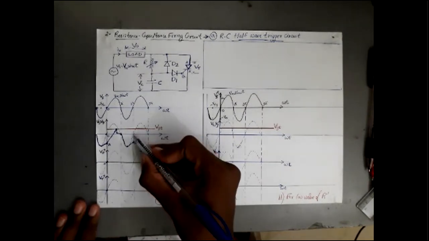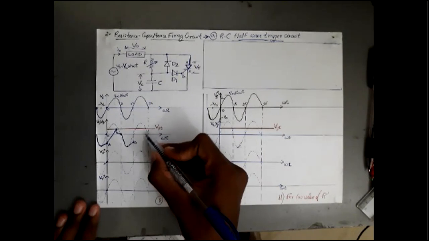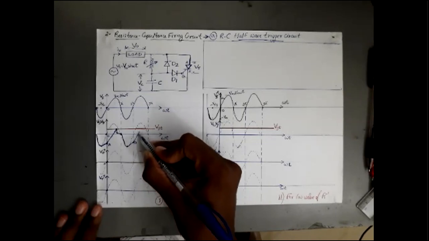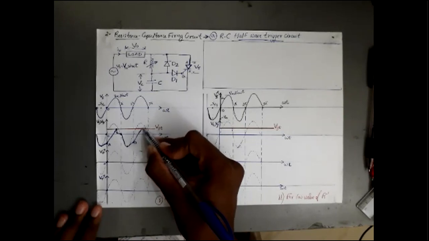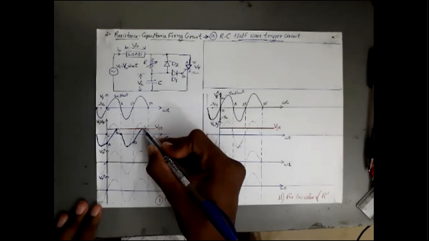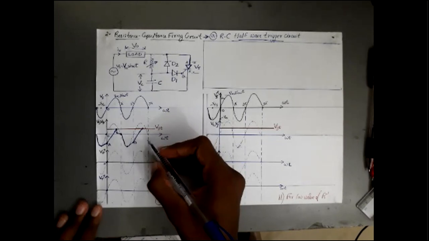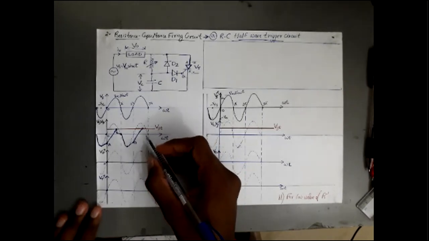that is OA, appearing across my capacitor. And again when positive voltage appears across my circuit, my capacitor starts charging, and slowly it is getting charged, and VC is appearing across my capacitor. Then, as I mentioned earlier, at the same point my SCR got triggered since VC has become equal to VGT.